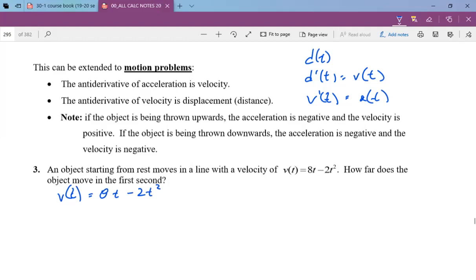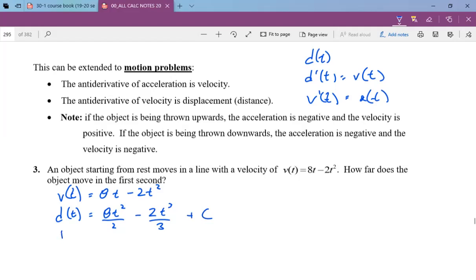When we do that, d of t ends up being 8t squared over 2, and we have minus 2t cubed over 3 plus c.